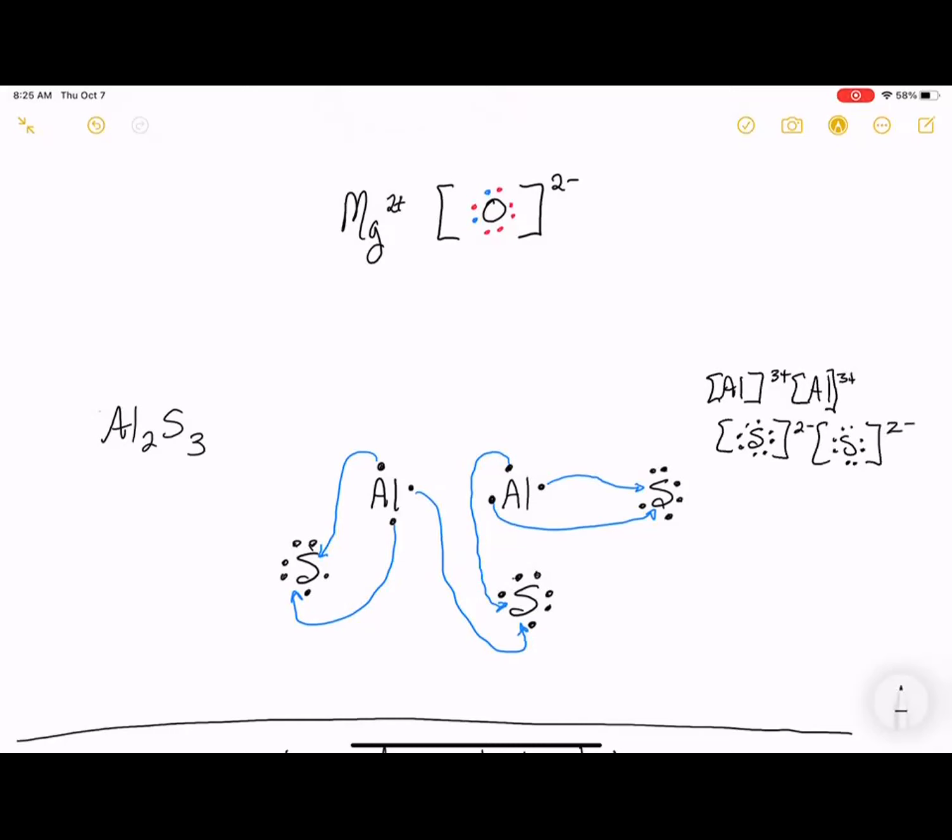You'll notice there's really no rhyme or reason in where I've placed them, they just have to be in close proximity. I could draw it that way, but instead you're going to see me use it this way because it just makes it a little bit friendlier to read.